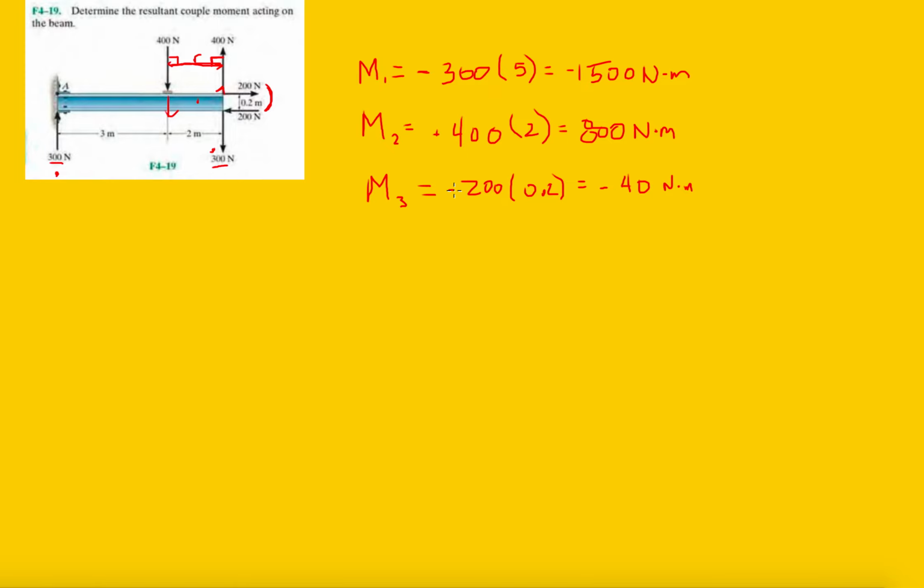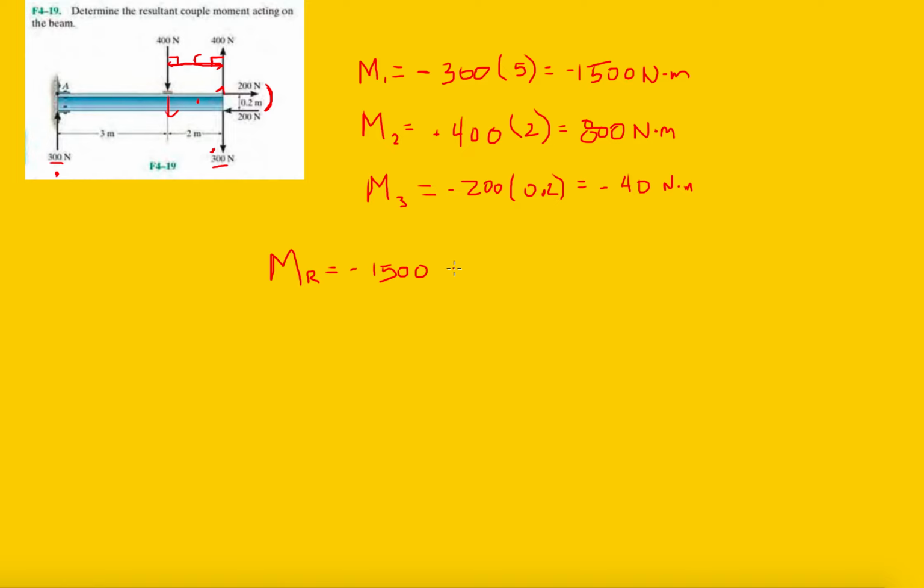Now, what is the resultant couple moment acting on the beam? The resultant couple moment is just the summation of all those. If they added up to 0, this beam itself would not rotate at all; everything would counteract each other and equal 0. But it's probably not going to be the case.